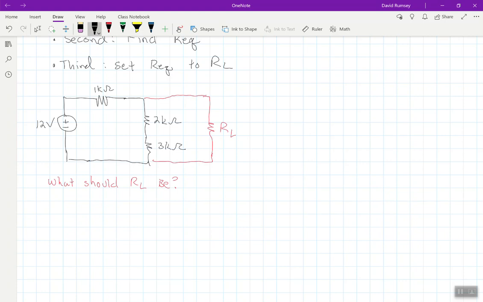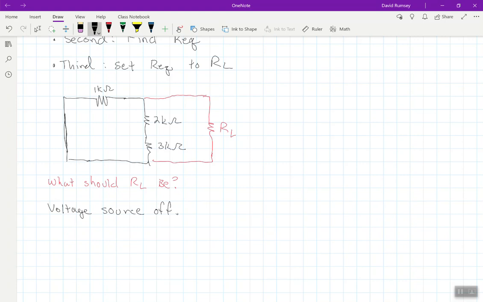Well, the first thing, we turn off the power supply. By turning it off, I'm going to just erase this, because we said a voltage source becomes a short circuit, or it becomes a wire. So that's what I have now. I turned off my voltage source. Now, the reason I've left the RL there is this is where people make mistakes when looking at what the RL should be. The most common mistake I see is that people say the load resistance should be 6 kilo ohms for max power transfer, because they're saying the 1, 2, and 3K are in series.